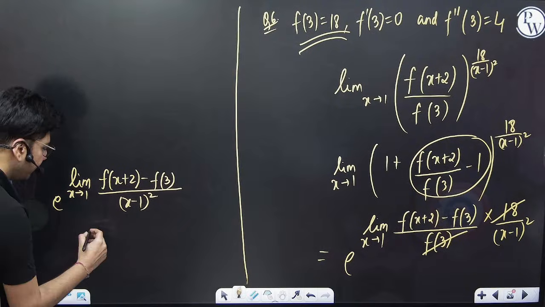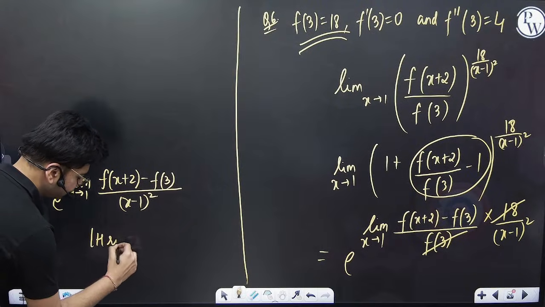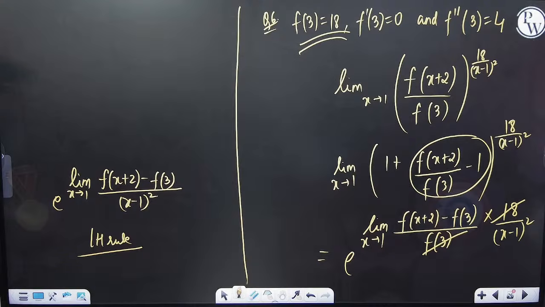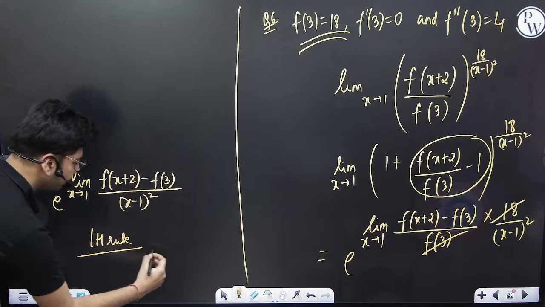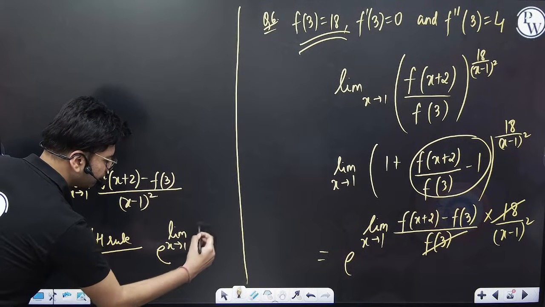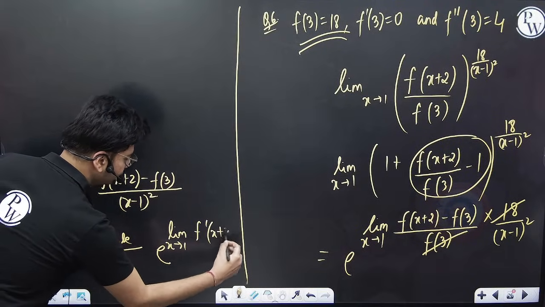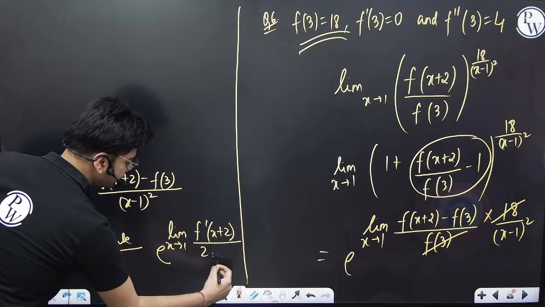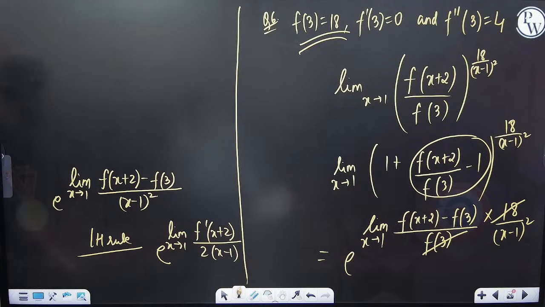So we can apply L'Hospital's rule to find the limit. So differentiation of this will become e raised to the power f dash of x plus 2 upon twice of x minus 1.